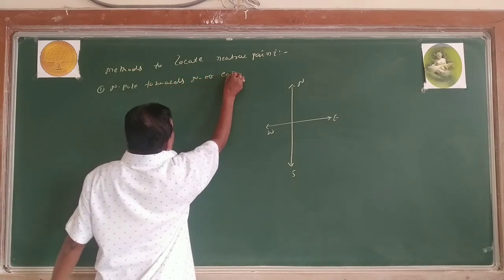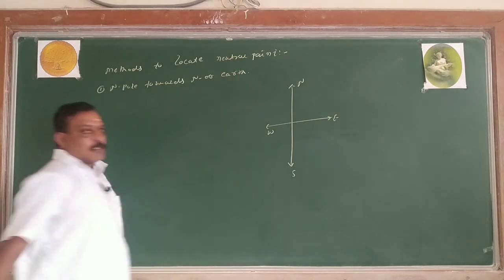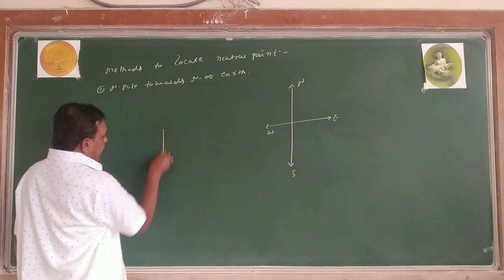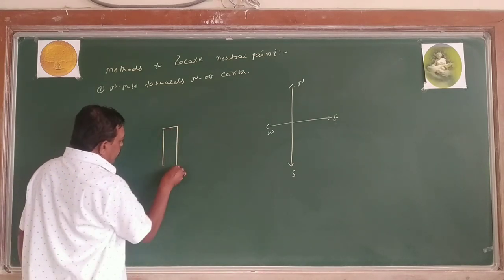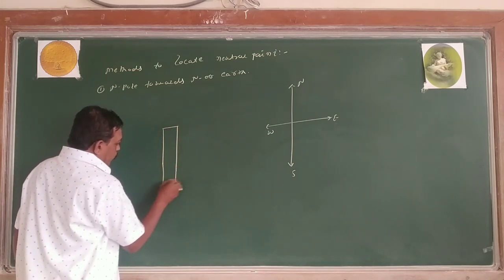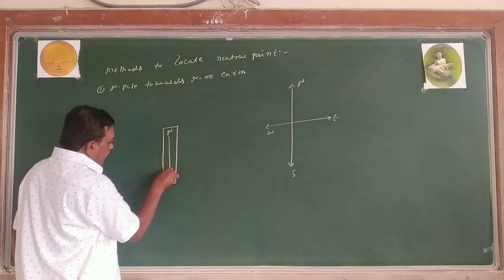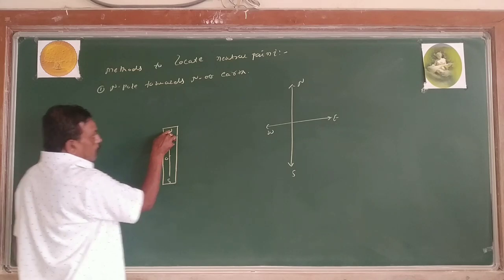Then what is the position of the neutral point? Now this is the north pole of the bar magnet, towards the north of the Earth.